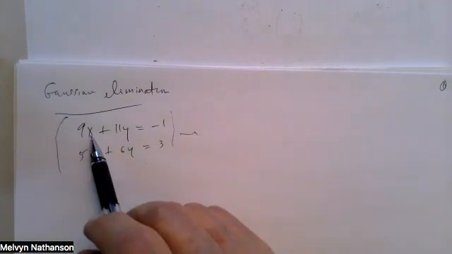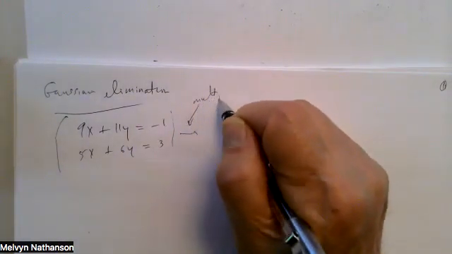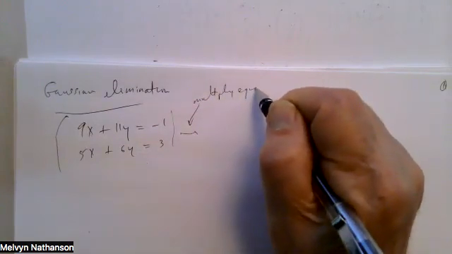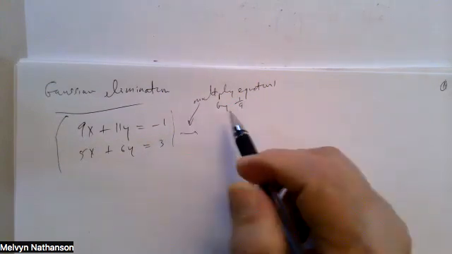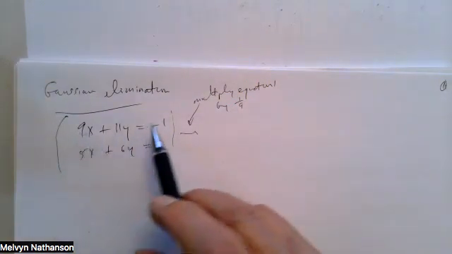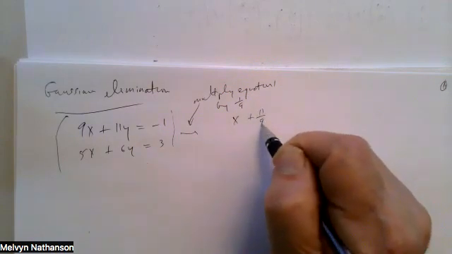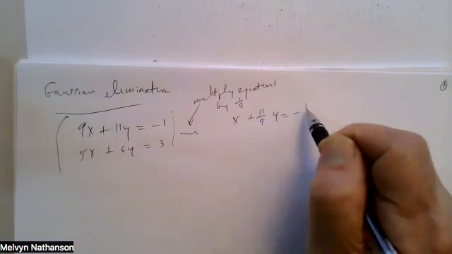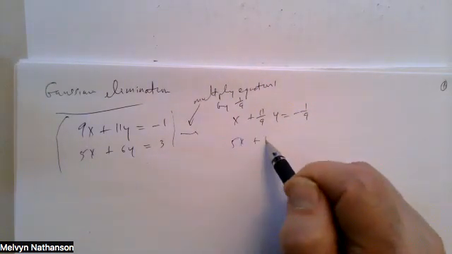I want to have the coefficient of x to be 1, so I want to multiply equation 1 by a ninth. If I multiply this first equation by a ninth, I get x plus 11 over 9y equals minus 1 over 9. And my second equation, I don't change.